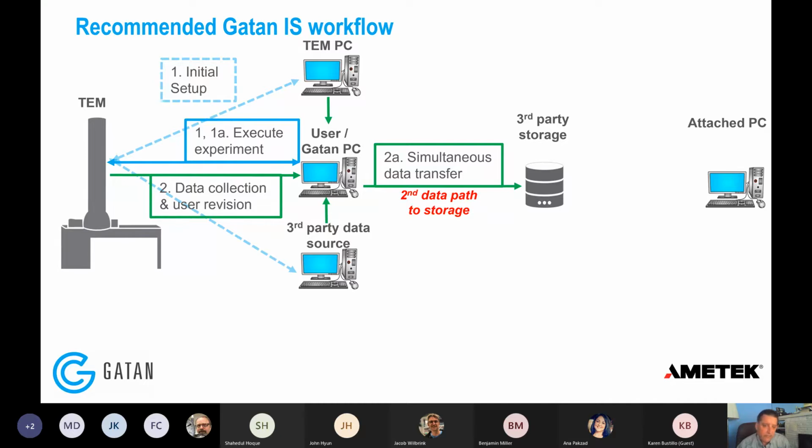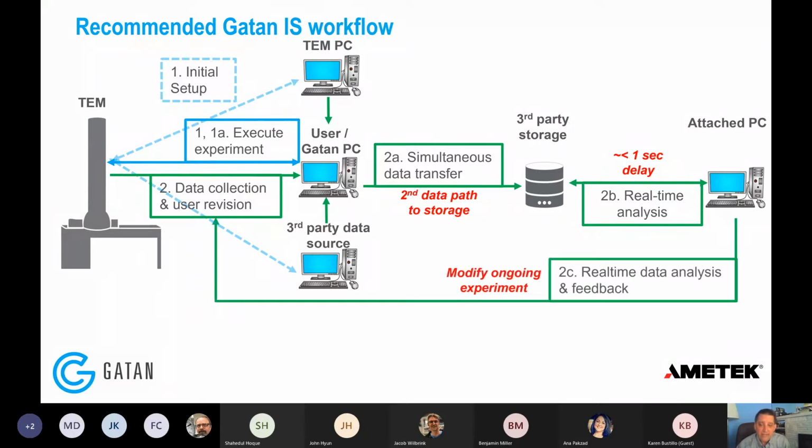I'll revisit a couple of the slides he presented to talk about how you can do this with a remote server, and then so we can transfer in real time simultaneously to acquiring the data to a storage system, and then we can have an attached PC interrogate the data with a, it's hard to say it's truly instantaneous. It's not. There's some delay. It might be a second, fraction over a second, and then feed that information back to the user.